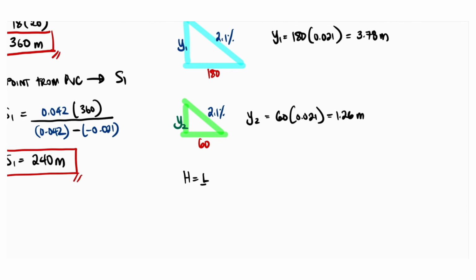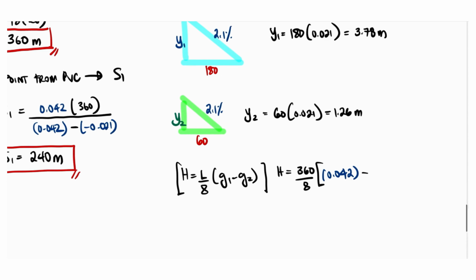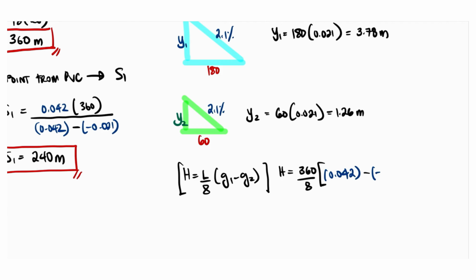The formula for the height of a symmetrical curve is L over 8 multiplied by G1 minus G2. Substituting the given values, we have h is equal to 360 over 8 multiplied by the difference of 0.042 and negative 0.021. Solving this, we obtain a value of 2.835 meters.